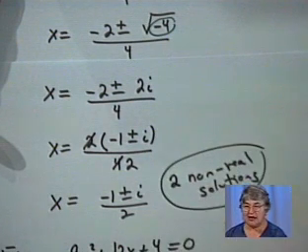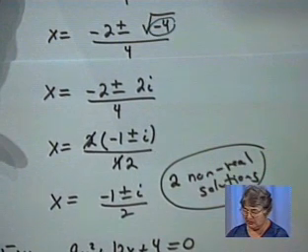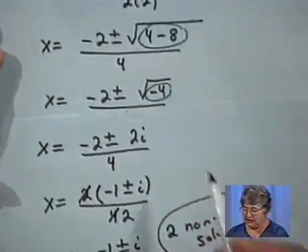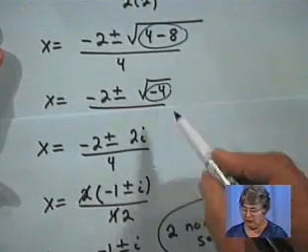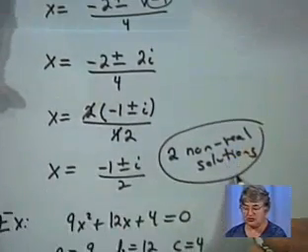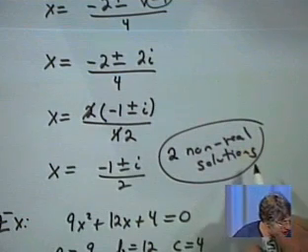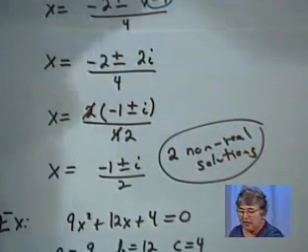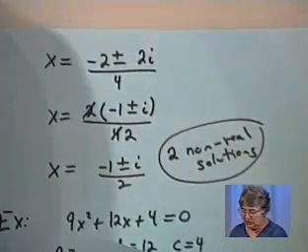So we've seen an example of something that gives us only one solution when the quantity inside the radical is 0. If the quantity inside the radical is a negative, we get 2 non-real solutions. Now consider the problem that we worked on a little bit before, where we have 2 real solutions.